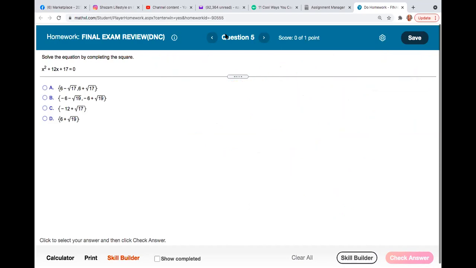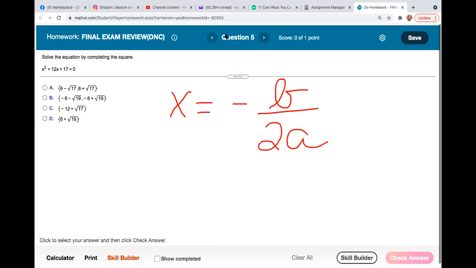Okay, so that one right there is used when you're looking for the x value of the vertex. If you're given the general form of a quadratic function and you want to find the x value of the vertex, or perhaps you want to find the line or axis of symmetry of a quadratic graph, then you use this formula right there. Okay, now I see the difference. That clears it up. Thank you.